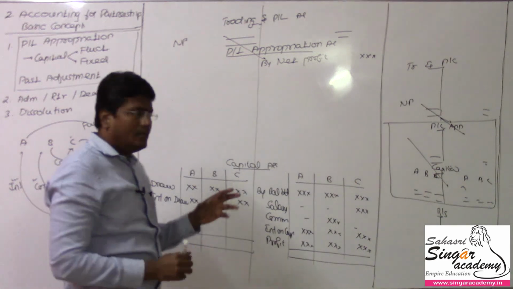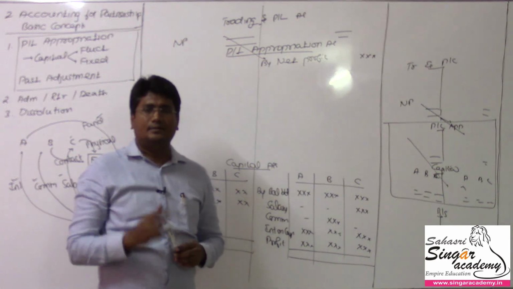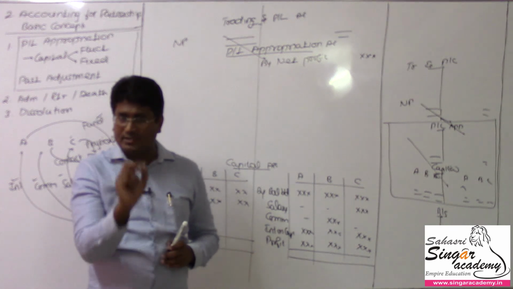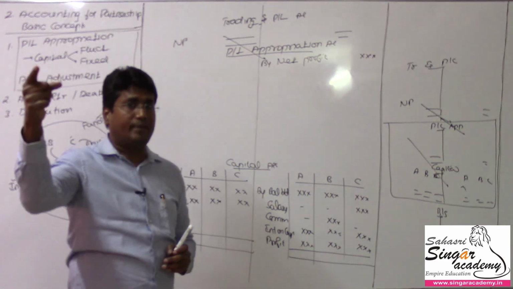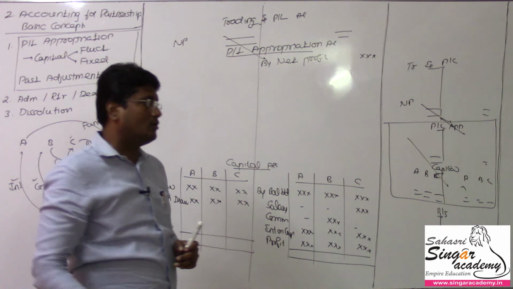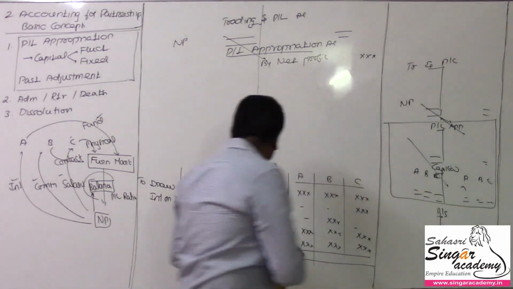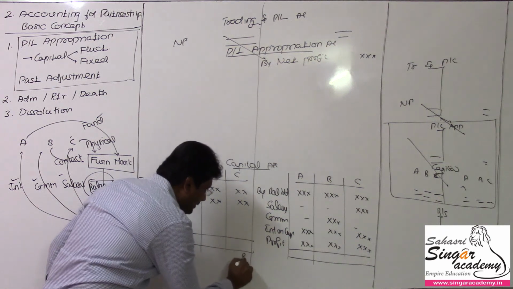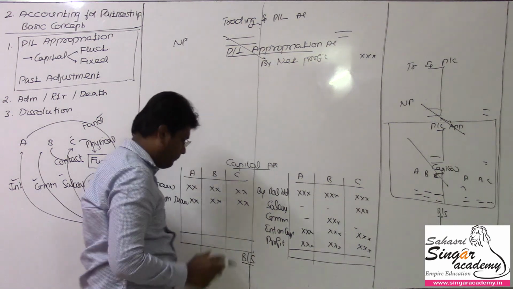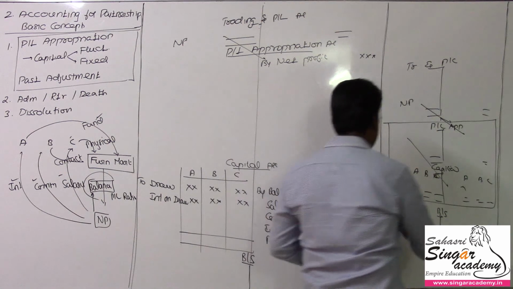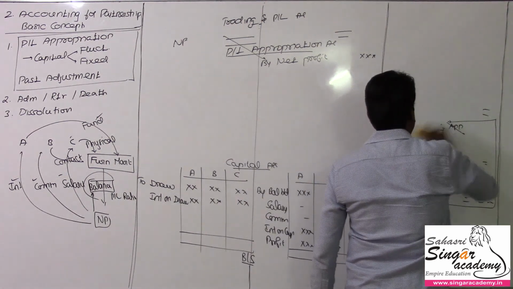Now, if there is an expense, what is the journal entry? Expenses to cash. Finally, the expenses are debited to the P&L account. The entry will be P&L account debit to expenses. After that, of course, we can prepare the balance sheet here. I leave this for the time being, I don't consider that part here. Now let's see here.